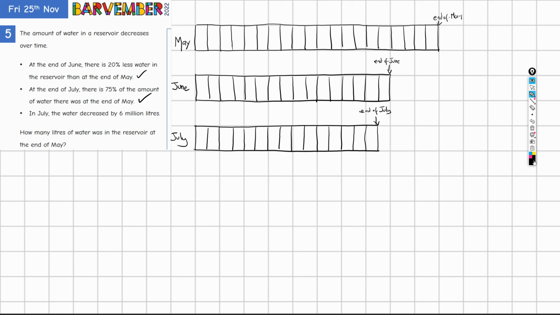So this, let's choose another color just for fun, is the difference. And this is how much it's decreased by, which is 6. And you can see that this is equivalent to one of these half parts, the new parts. So each of these parts here has a value of 6.